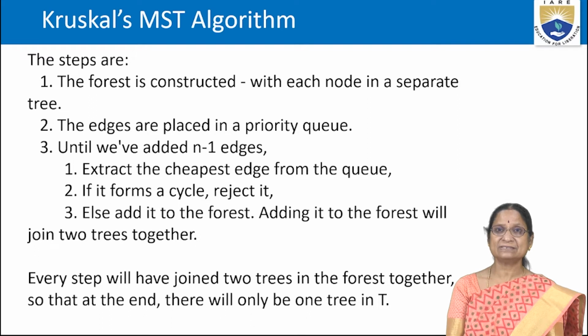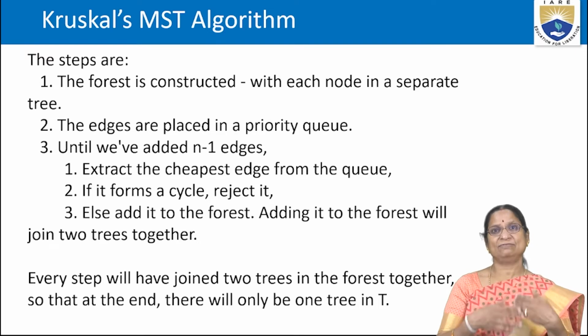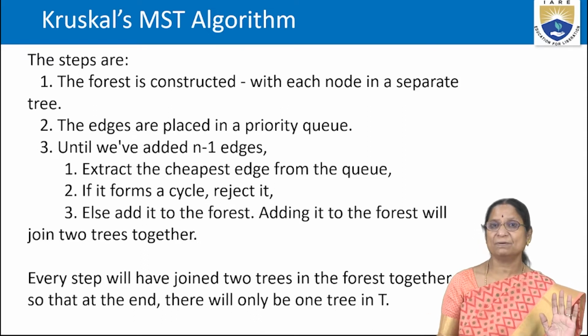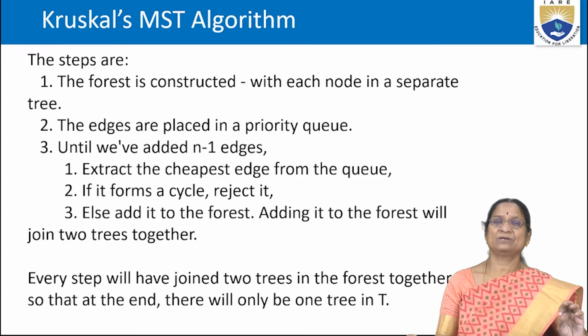Depending upon the process which we are using, either priority queue implementation or a sorting algorithm, that complexity will also be included in the construction of the MST. So depending upon that, we are always very cautious about choosing the process also.